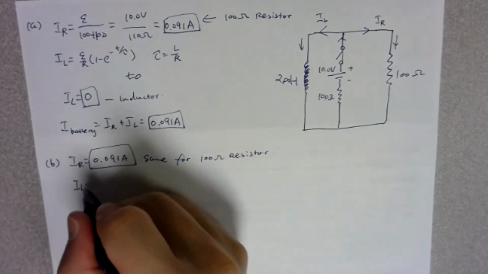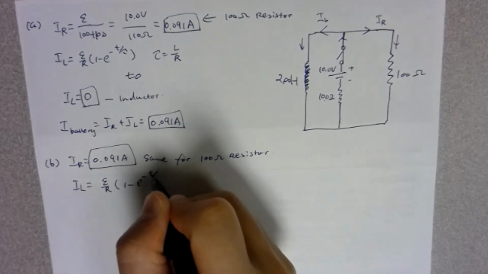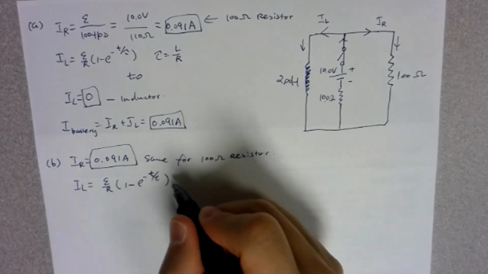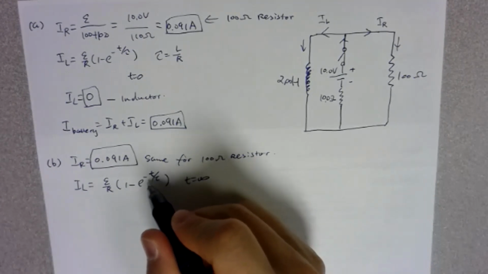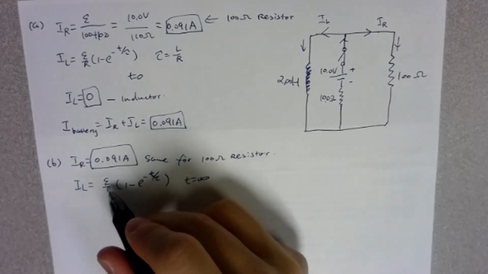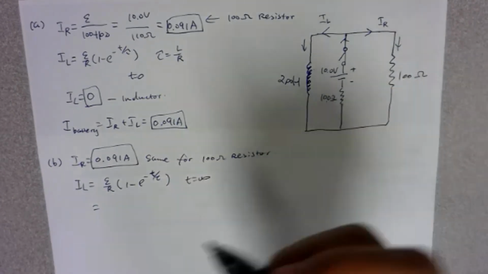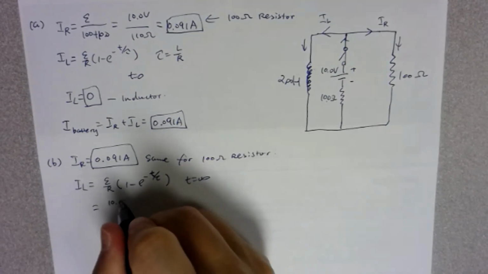Okay, I of L, this is again epsilon over R times 1 minus e to the minus t over tau. And this time t is equal to infinity. So then this whole exponential thing will be 0, so it will be just epsilon over R. And this R is the 10, not the 100, so don't mix up those, over the 10 ohms.